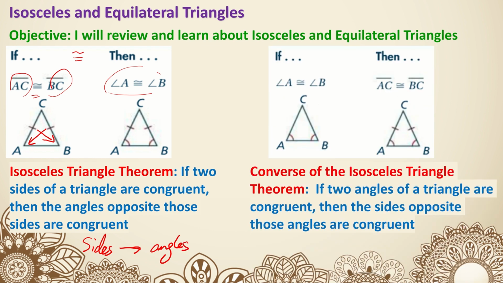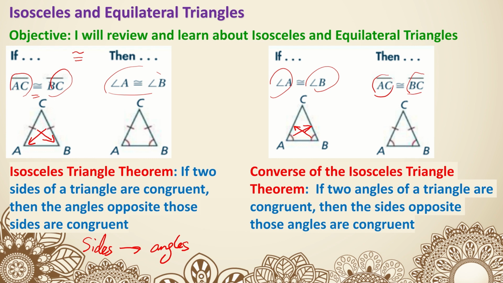Then we have another one, which is called the converse of the isosceles triangle theorem. If two angles of a triangle are congruent, so in this case you can see we're not starting with sides anymore, we're starting with the angles. So if angle A and angle B are congruent, then the sides opposite those angles are congruent. Opposite of angle A is side BC. Opposite of angle B is side AC.